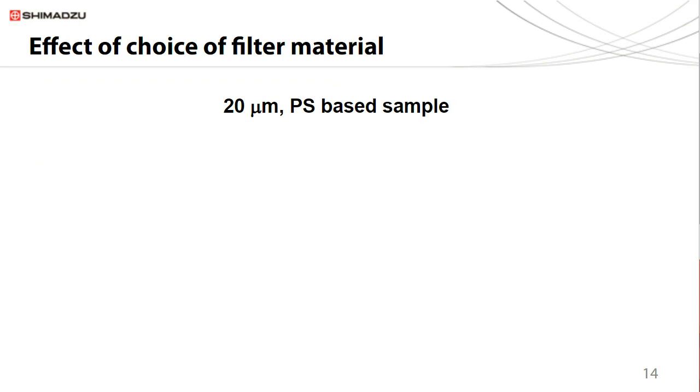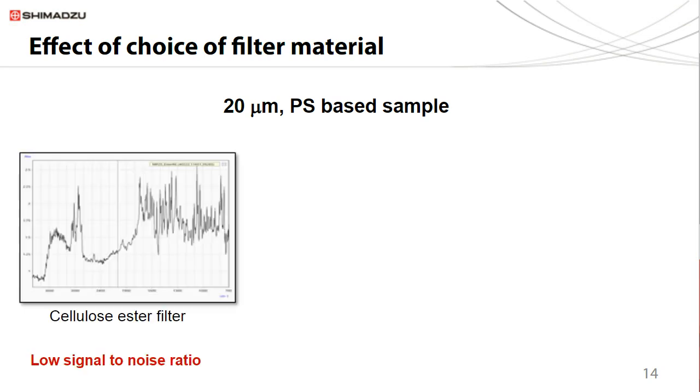Our sample consisted of 20 micron diameter polystyrene beads in deionized water filtered through the three types of filters. After the samples were filtered and left to dry on the respective filter materials, they were put under the infrared microscope objective for spectral measurement. Reflectance spectra from the polystyrene beads on each filter material were collected with identical measurement parameters.